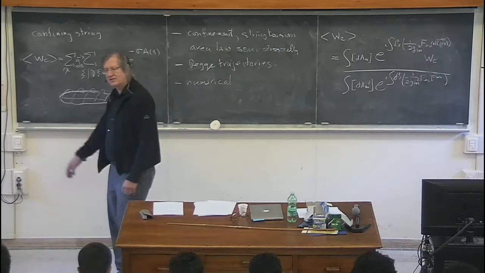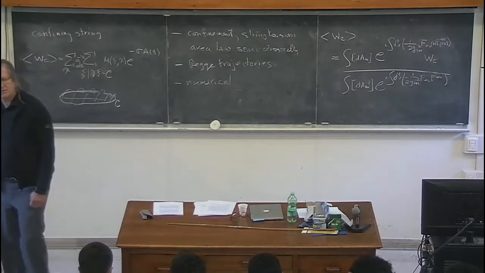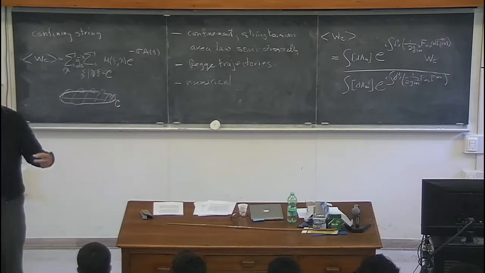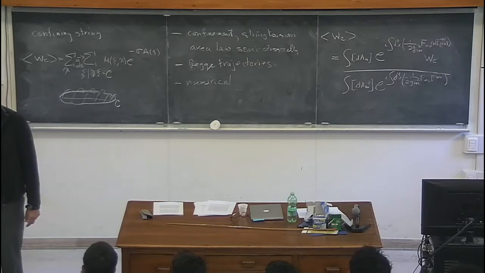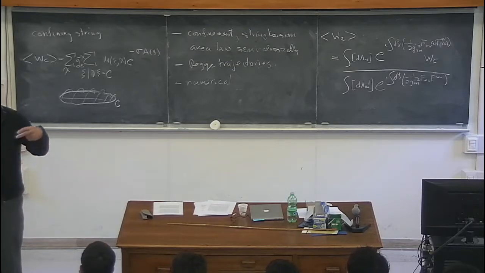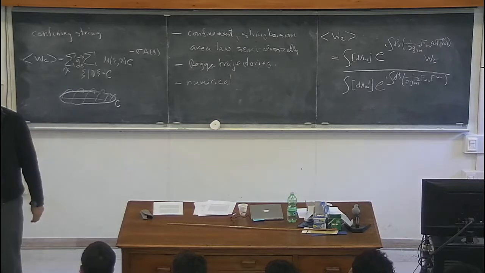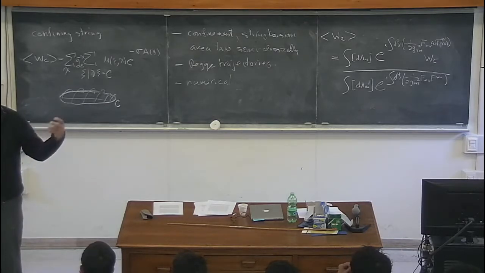It's a few years ago now, because what they could do is put a source, an anti-source, and actually measure the string tension numerically in Yang-Mills theory. And not only could they do that, but they could excite the string, and they could even see the higher levels of the excitations of the string, and match them to just the bosonic string in 2+1 dimensions.